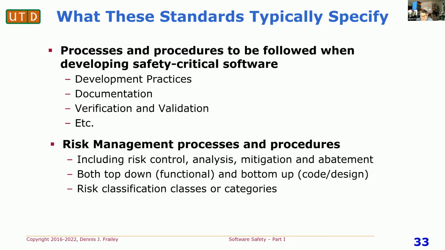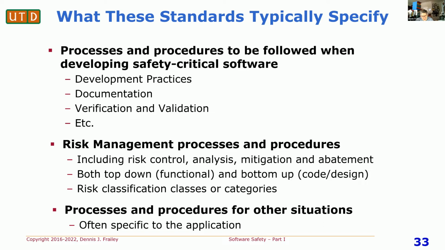In other words, you can look at the code and then work from there, or you can look at the overall system function and work from there. There's ways of classifying risks and categorizing risks and all that kind of stuff. And each of these standards specifies these things in its own way. They also specify processes and procedures for other situations that are specific to the application. We'll see a little bit of that in a moment.